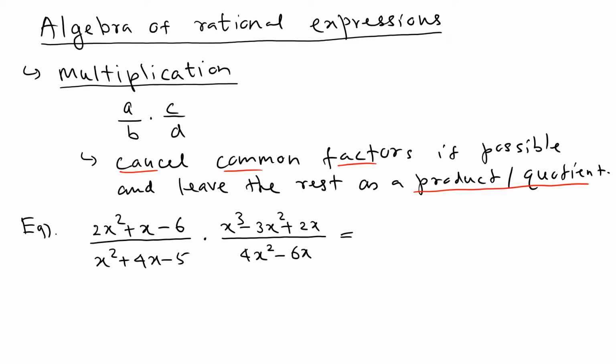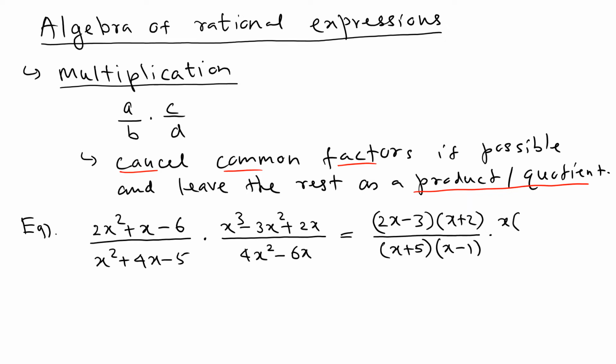The two factors are 2x minus 3 times x plus 2, divided by this one, which factors as x plus 5 times x minus 1. That's the first one. For the second one, you can see that x is a common factor.